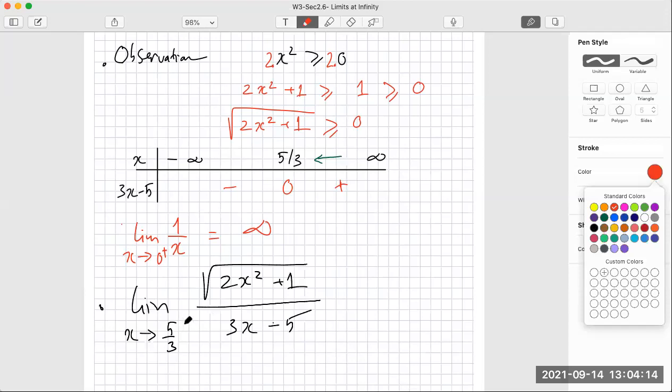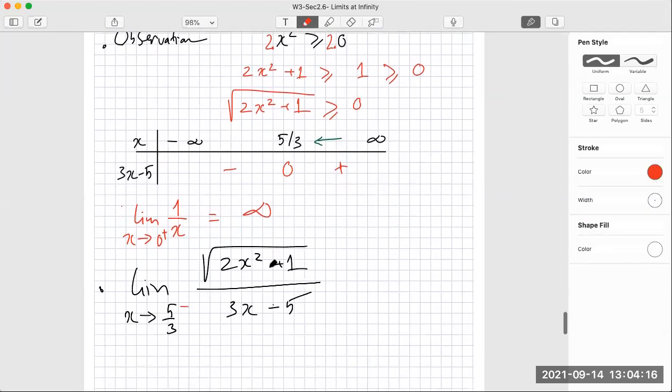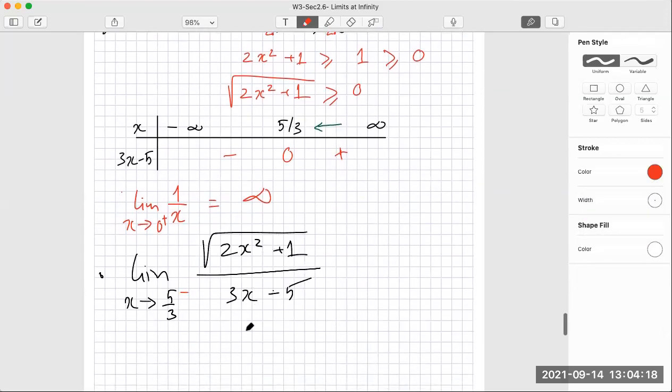from the left-hand side, then the denominator here is a negative number, right? Because x is always smaller than 5/3, this is always negative. And the numerator is positive, but it approaches a constant.